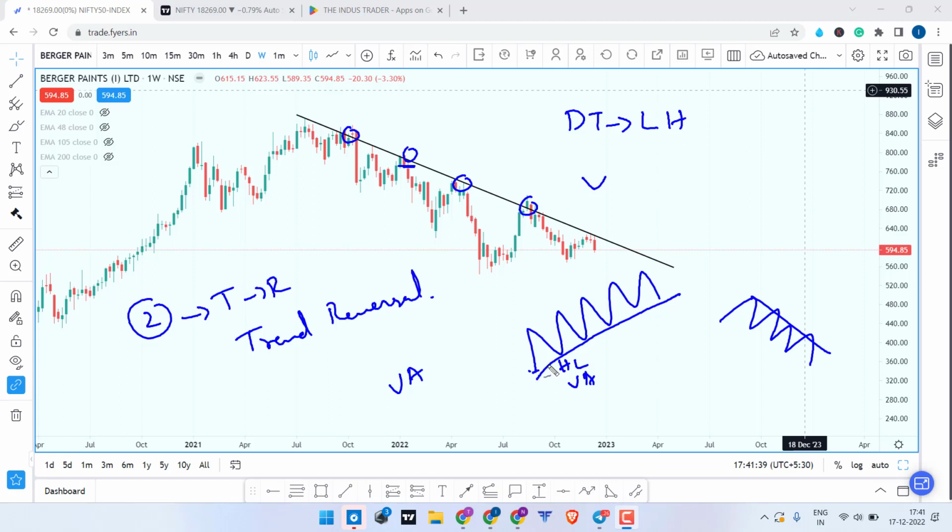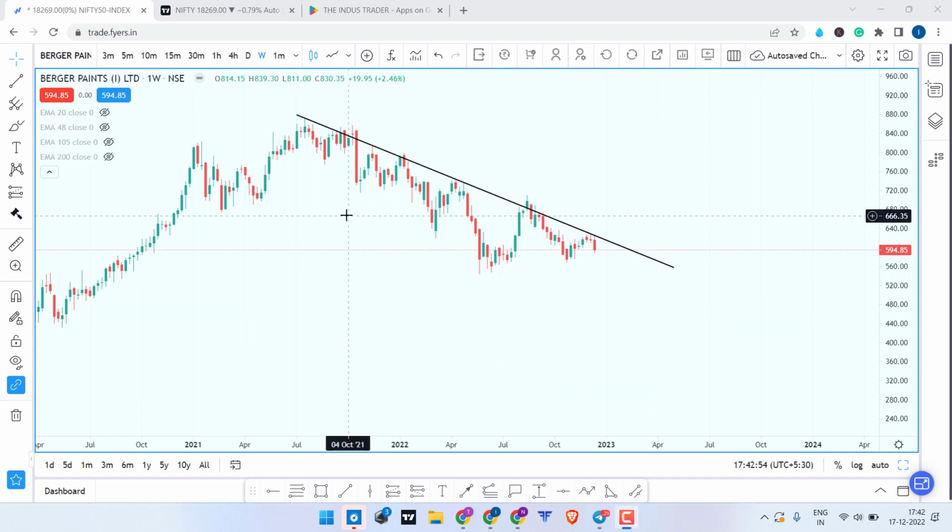Let's say this is a value area, so you should draw a trend line like this by connecting your value areas. In order to draw a trend line you need minimum two touches. You need two swings to draw a trend line. Okay, so I hope you understood this.